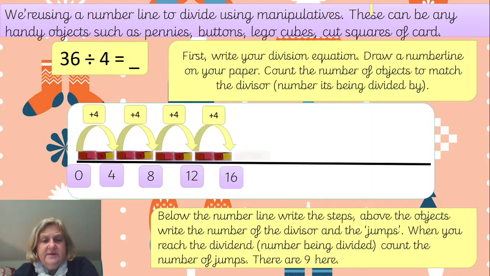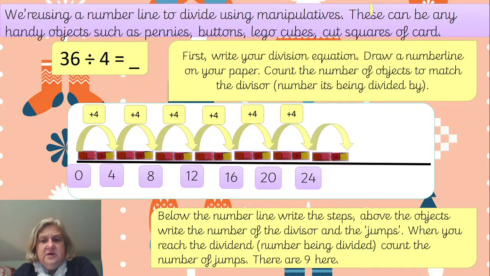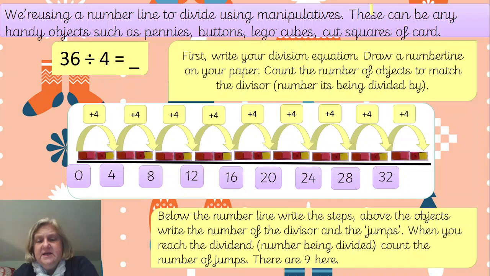So we're keeping going because we're up to 16, but we need to get to 36. So we're going to add 4, get to 24, add 4, 28, add 4, 32. Oh, is it going to fit in there? Add 4, just about 36.